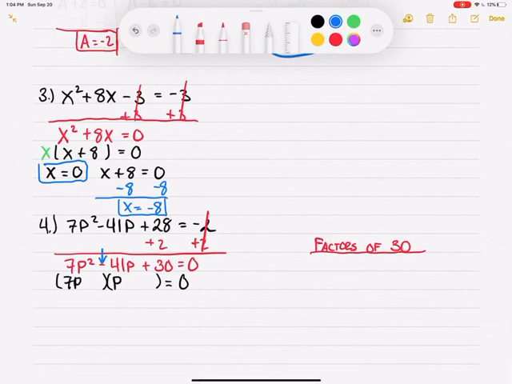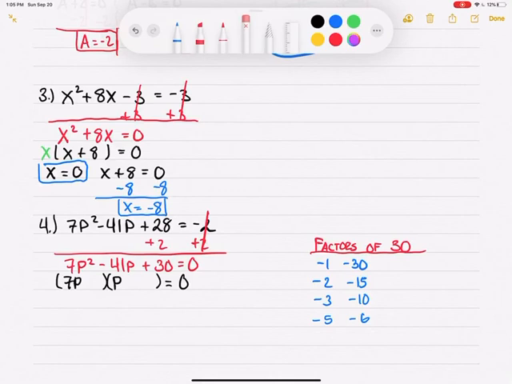There's a negative sign out in front of the 41, so I know all of my factors of 30 have to be negative. When I multiply these numbers, I'm going to get positive 30, but if I add them together, I'll get a negative number. So, that's what I want.